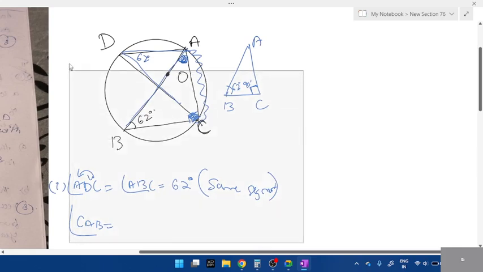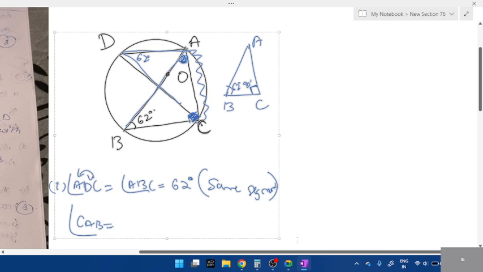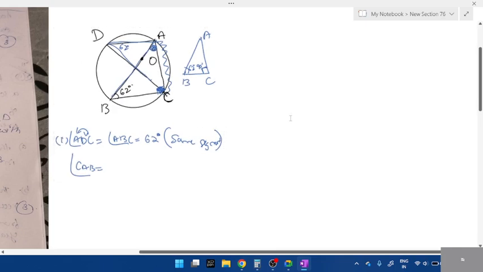Sum of interior angles. Okay. Before finding angle CAB, you need to write ACB is equal to 90. Just write the statement: the angle formed by a diameter on a semicircle is 90.